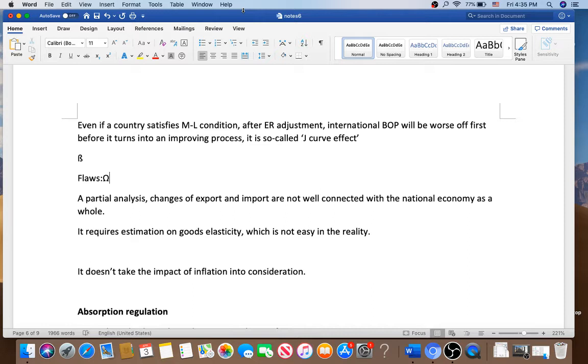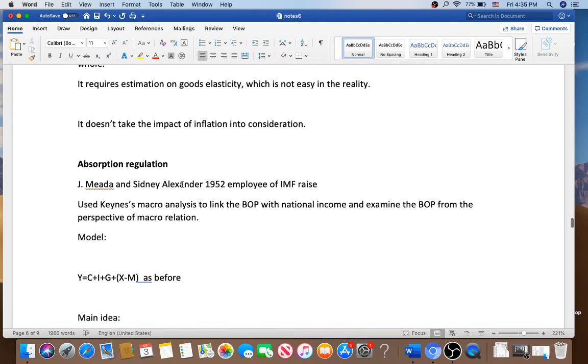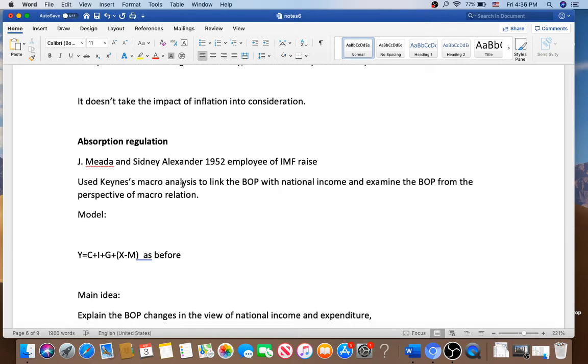The main idea of this method is that it explains the BOP change in view of national income and expenditure. When the national income is greater than the total expenditure, the BOP has a surplus. Otherwise, it's a deficit.